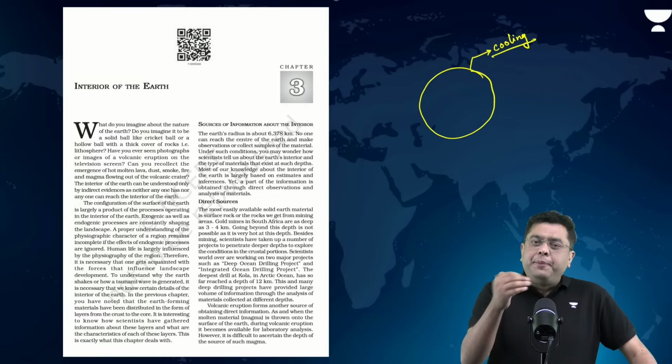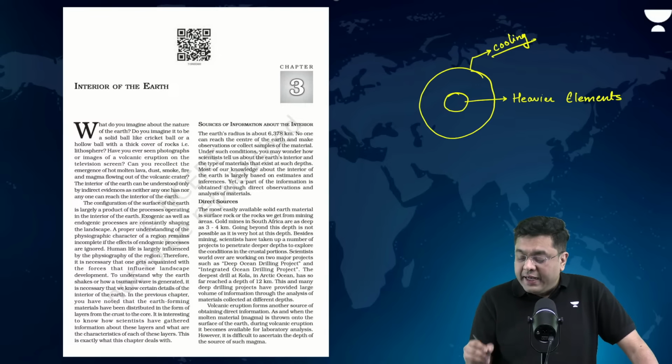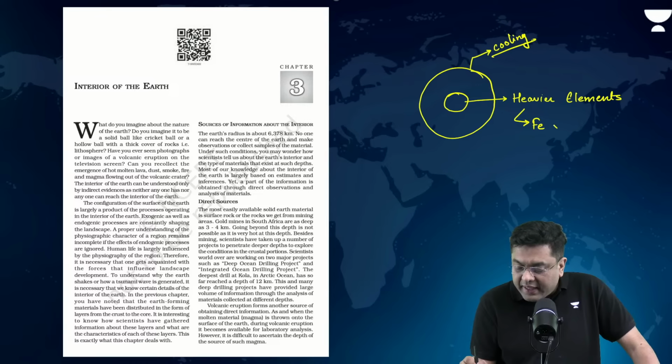And in the interior, you had the heavier materials which were situated, right? You had heavier elements, and then you had the lighter elements on the surface. Heavier elements included iron and nickel.